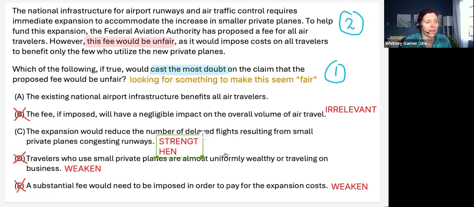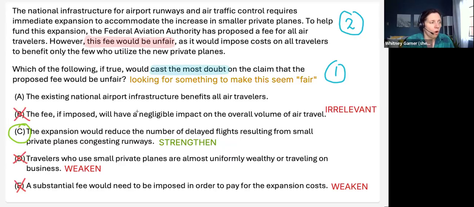The idea being that if it reduces delays, that helps out lots of people. The reduction in delay means that lots of us might benefit from this, because I don't have to sit in my big commercial plane now and be sitting around waiting on delays. So maybe I am helped by this. I'm not the only person. Those private planes aren't the only ones who get the benefit. It's not going to benefit just a few, it's going to benefit a lot of us.